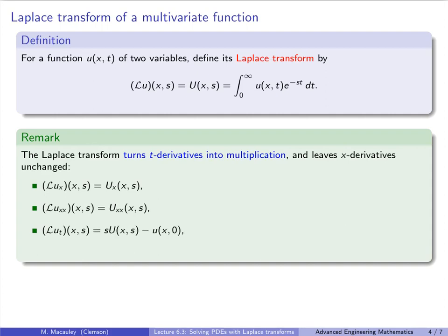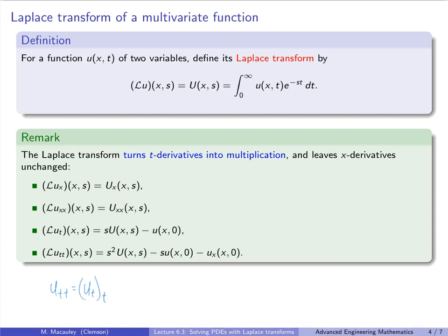Now, t derivatives are a different story. The Laplace transform of ut, once again, we just treat x as a constant, so it is s times the Laplace transform of u minus the initial condition u of x, 0. The second derivative is analogous, and it's derived by noticing that utt is the t partial of ut.